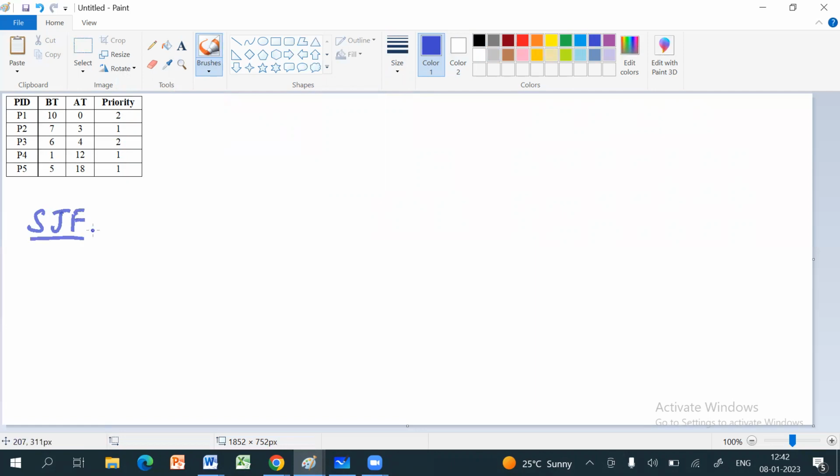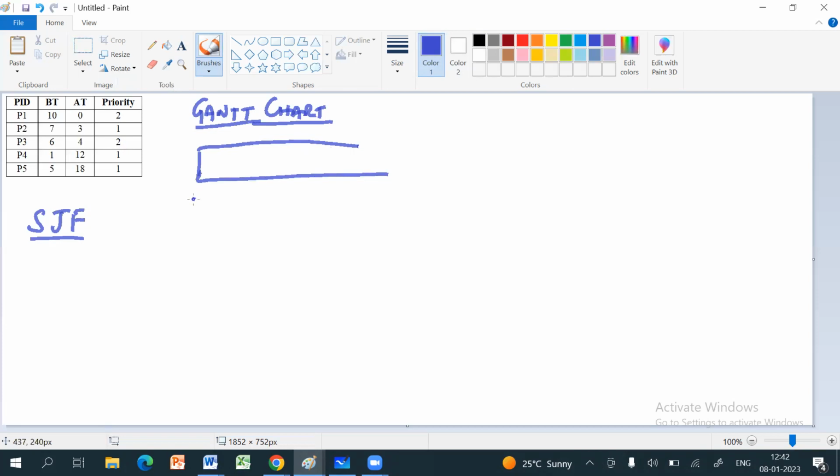Now, SJF is again a non-preemptive shortest job first. So whichever has a lesser burst time here will be given the first opportunity to schedule. So again, let's draw the Gantt chart here. This is a Gantt chart using SJF.